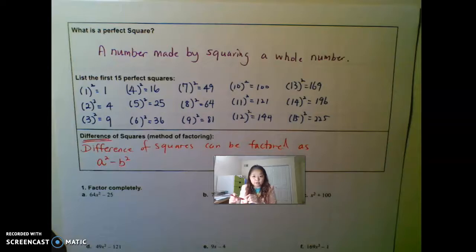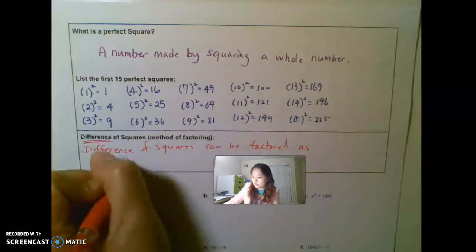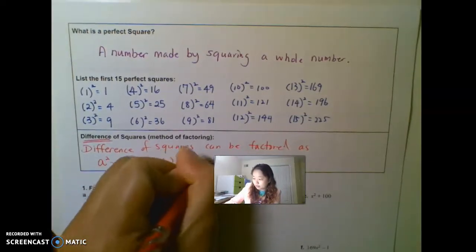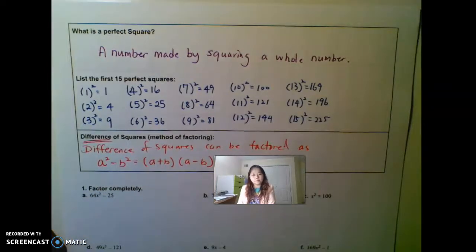So you get a difference of 2 squares. You can factor this as a plus b, a minus b. Remember that? I think that was definitely something we talked about in math too.